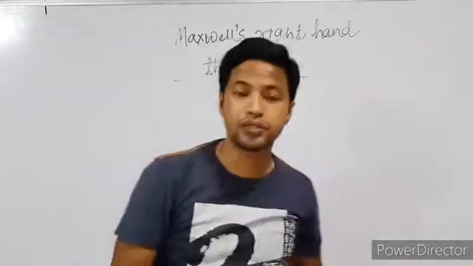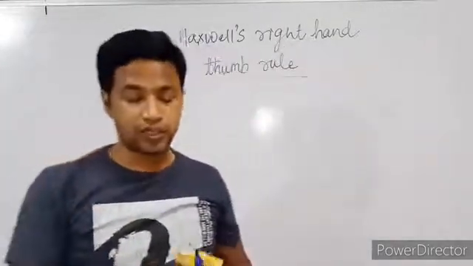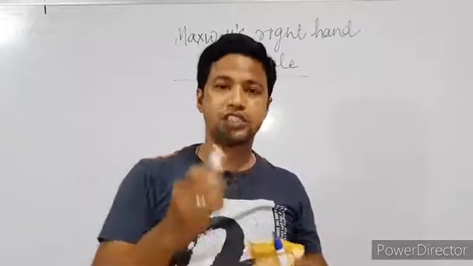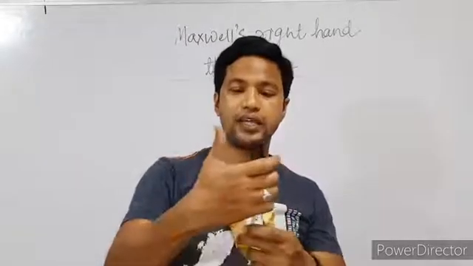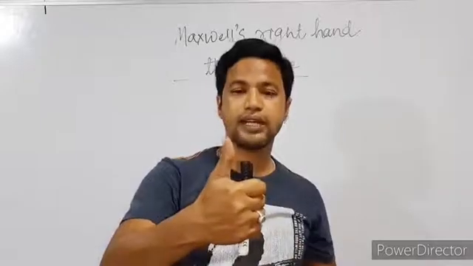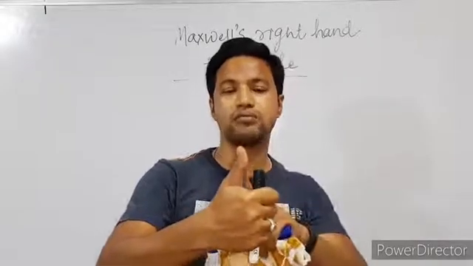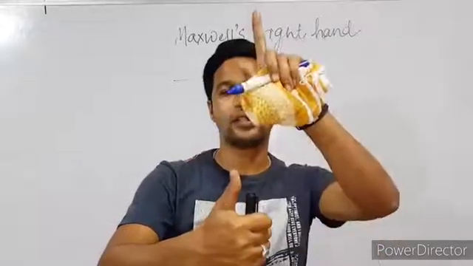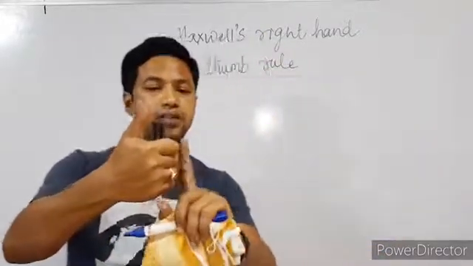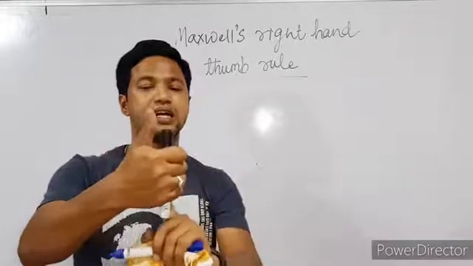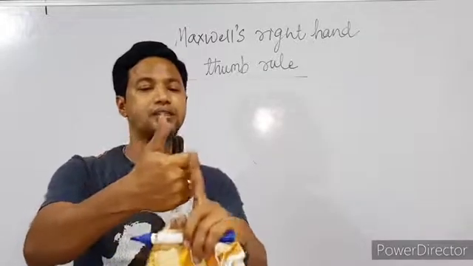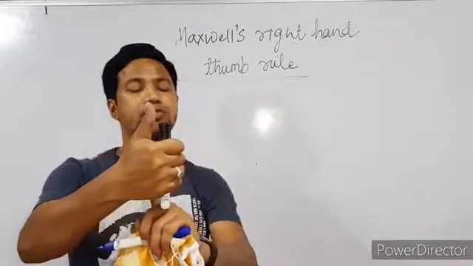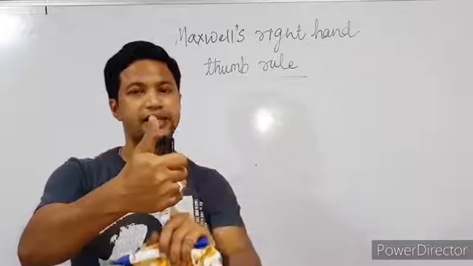Suppose this is my straight conductor, and I am holding the straight conductor like this. This shows the thumb is towards the upward direction, and you see my fingers are wrapping around it in that direction. So this is the direction of our magnetic field.